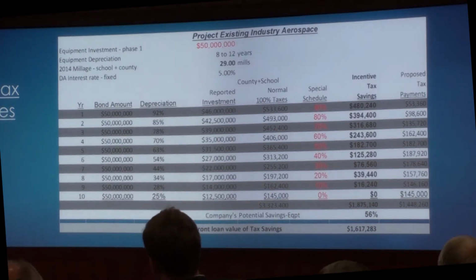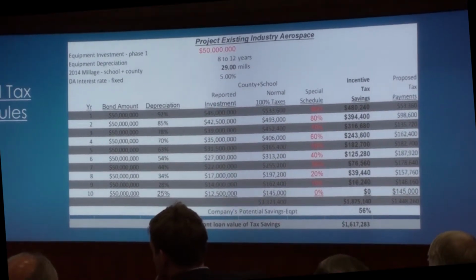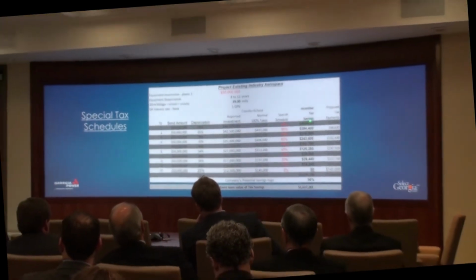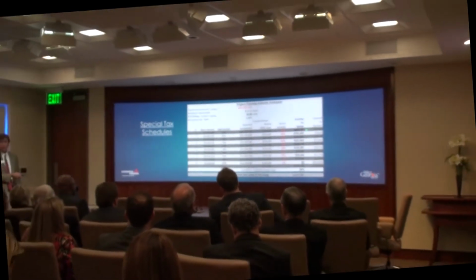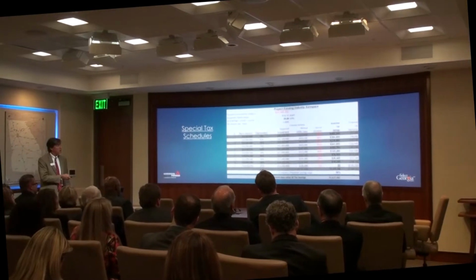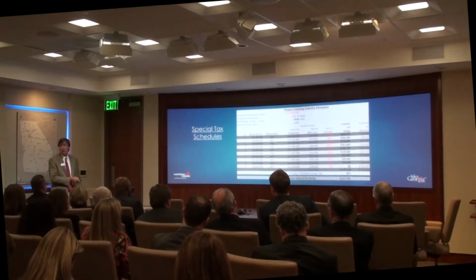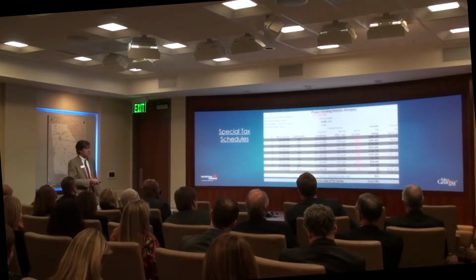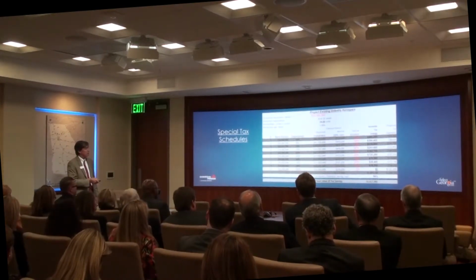Everybody think about that. What happens when you normally go borrow money? You pay a levelized payment over time, right? You pay the same amount monthly, a fixed amount. The beauty of this approach is you get the loan paid off very quickly. And guess what? The more incentives you offer, the more tax savings there are, the quicker the loans get paid off. So it's not a levelized stream of cash flows, and the bankers really like that.